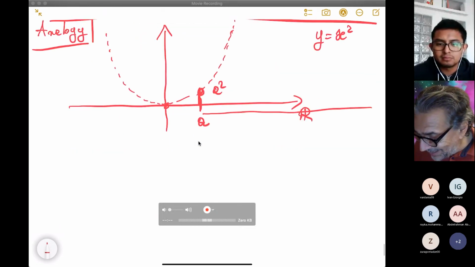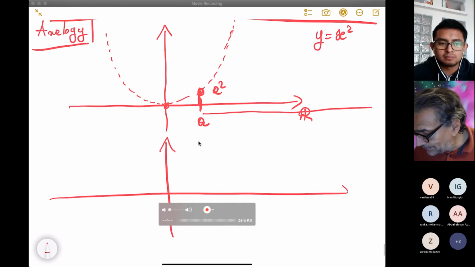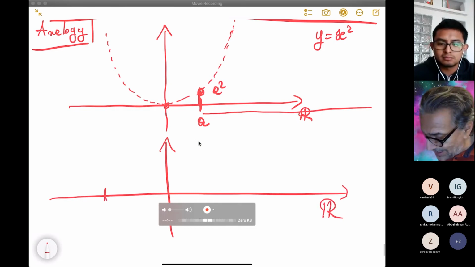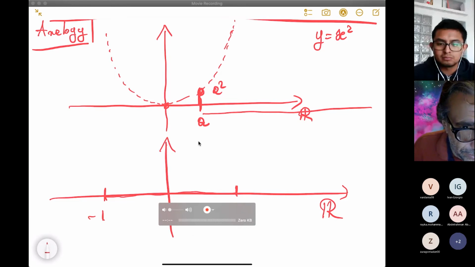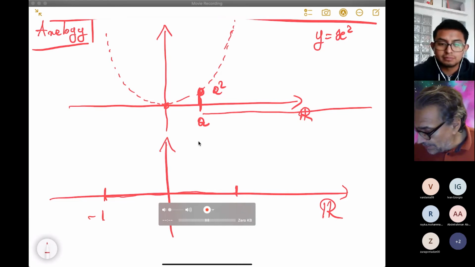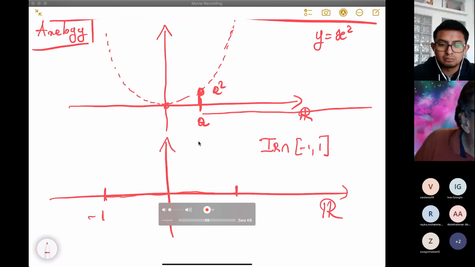To be even more twisted, we have already spoken about real numbers and rational numbers. Imagine that you consider the set of all irrational numbers intersected with the interval from -1 to +1.